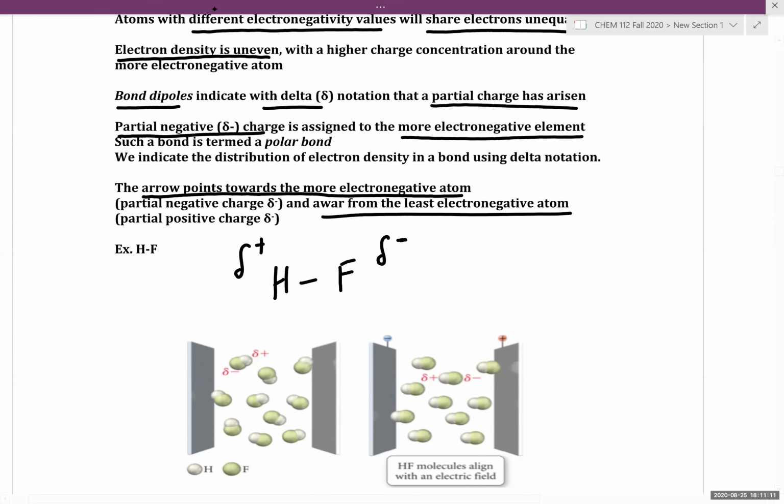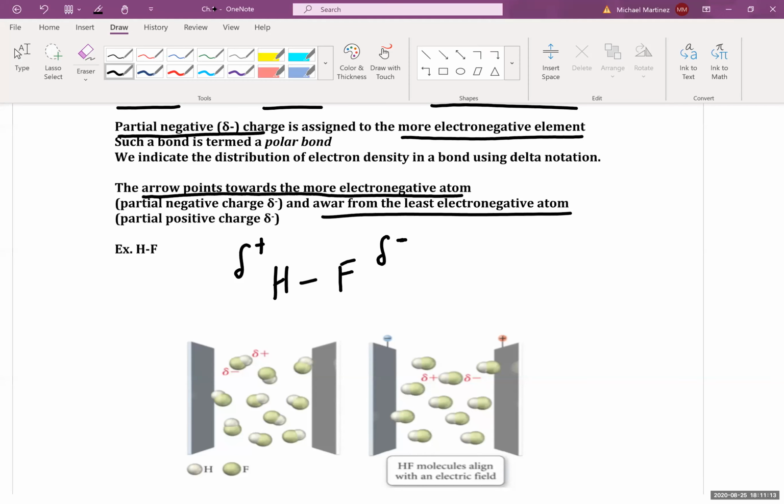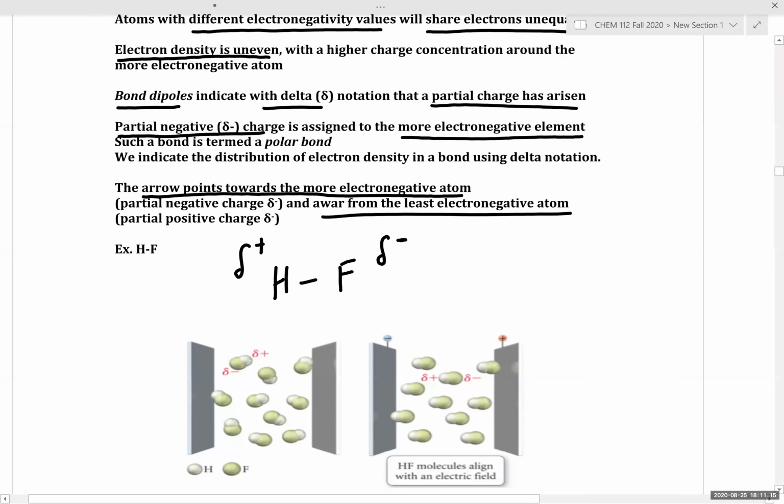Hydrogen would in turn be relatively electron deficient, and it would have a partial positive charge. We're then going to draw our bond dipole going from our region of partial positive charge, our electron deficient region, towards our region with a partial negative charge, the electron rich region.